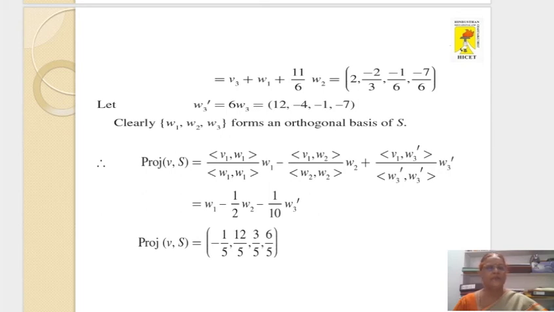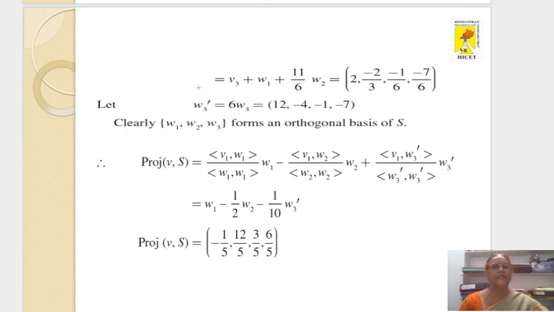Now let us find out the projection of V on S. To find that, let us use inner product of V, W1 by inner product W1, W1, like the previous formula, into W1, plus inner product V, W2 by W2, W2 into W2, plus inner product V, W3 dash by W3 dash, W3 dash into W3 dash.